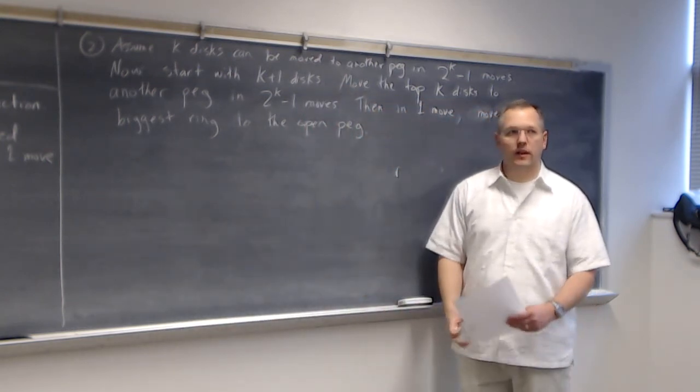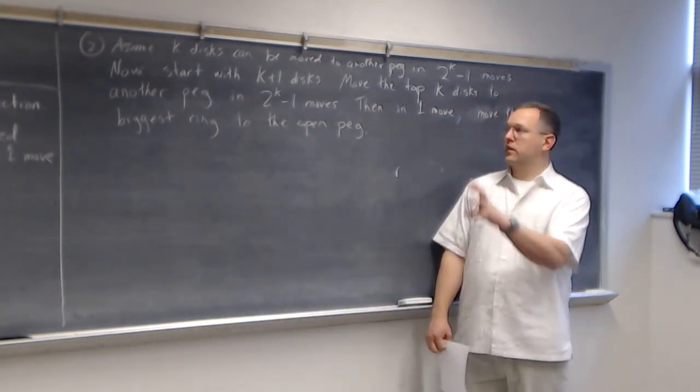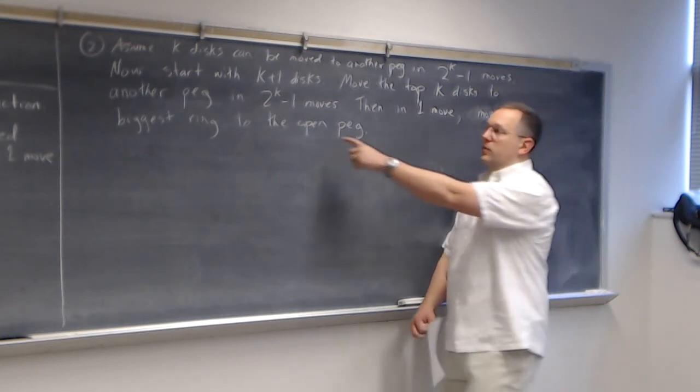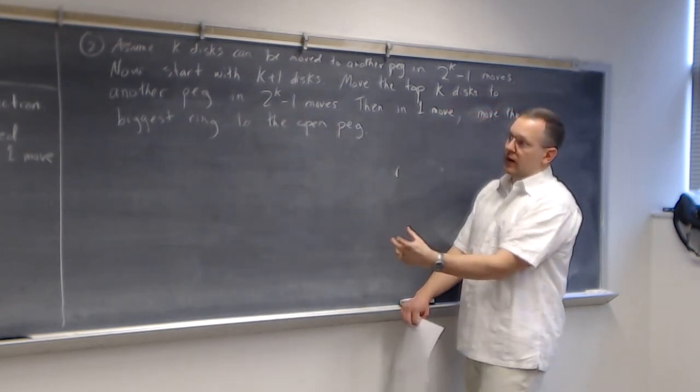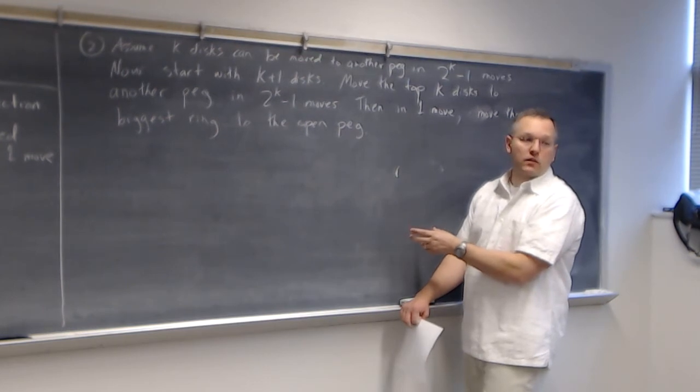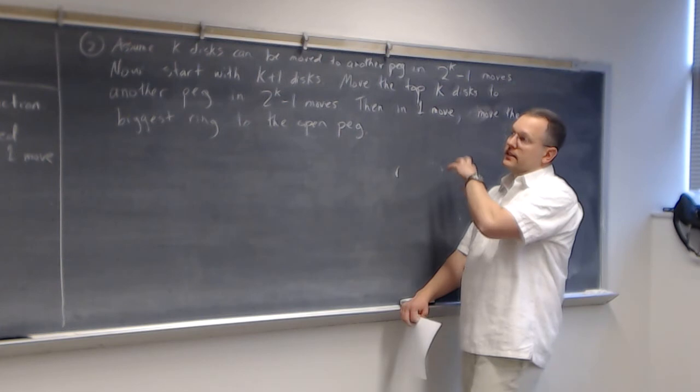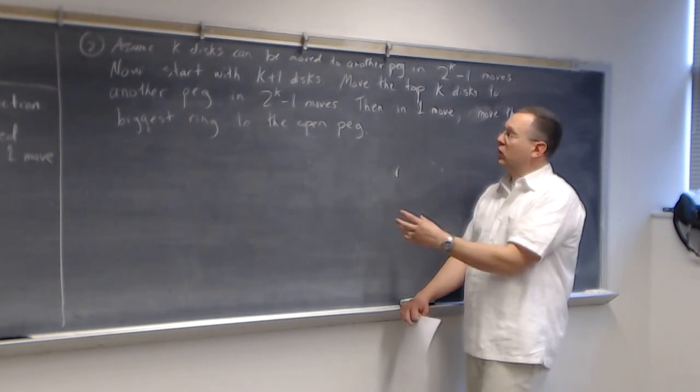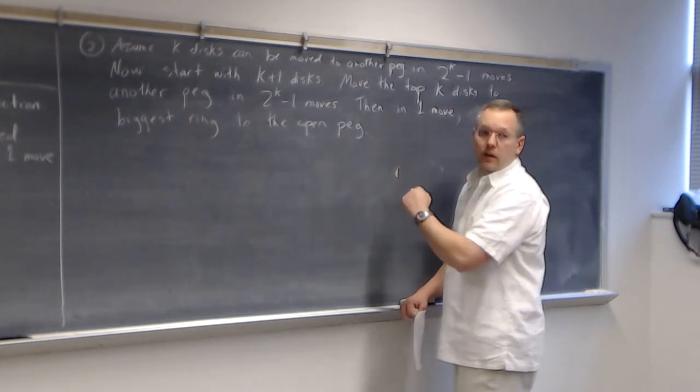Okay, you guys picture that? You take the top k rings, move them over. Takes you this many moves, and take that biggest ring, move it over to the open peg. There's one peg that has nothing on it.